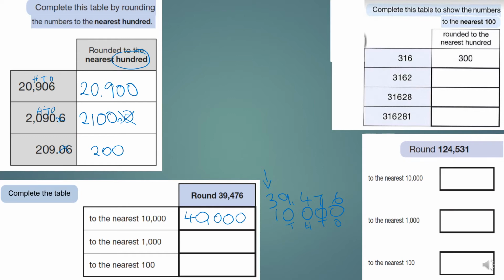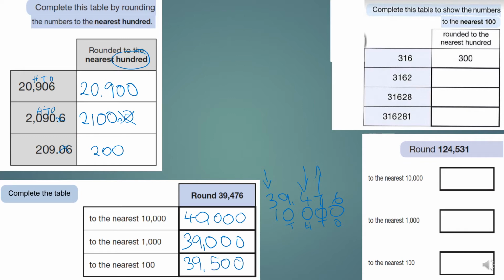So 4 is less than 5, so that will stay at 39,000 exactly. And then we have our round to the nearest 100, and our hundreds column will have 4 in it, as we can see here. So we look at the number next door, and that's a 7, so that's going to round up. So we will have 39,500.